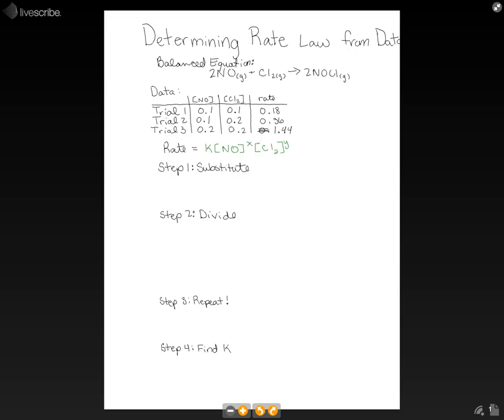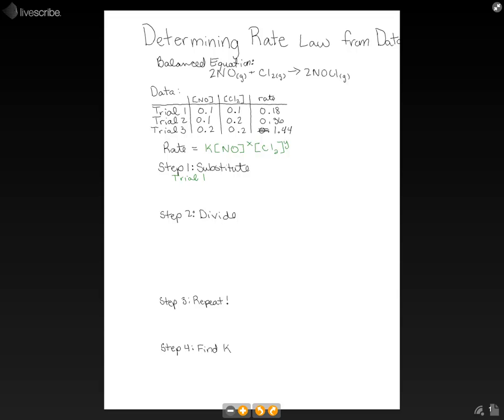So right now I just used x and y for those exponents, and then we're going to determine what those are using this data. So the first thing we're going to do is substitute our data into this rate equation. So we'll have three different equations set up here, one for each trial.